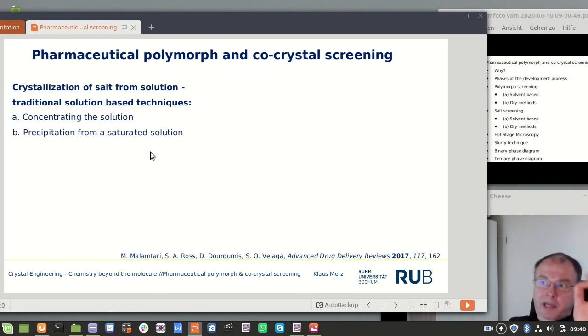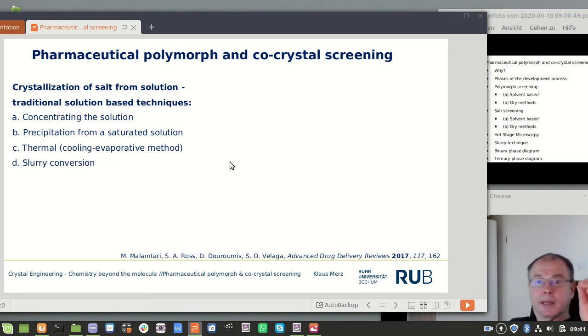Looking at precipitation from a saturated solution, yes, the ratio, for example, the amount, the yield. Once again, we are talking about cooling and evaporation methods, and once again, we are talking about slurry conversion.